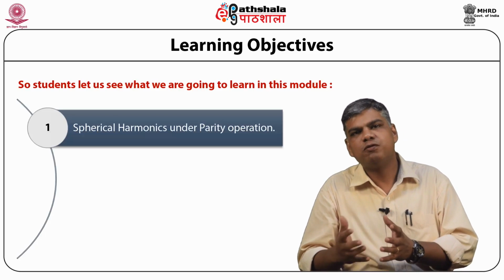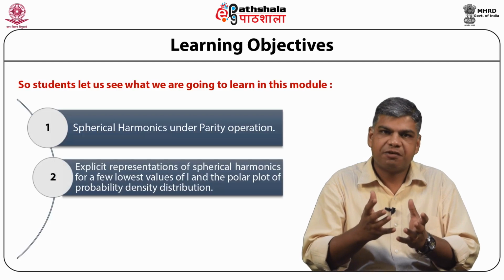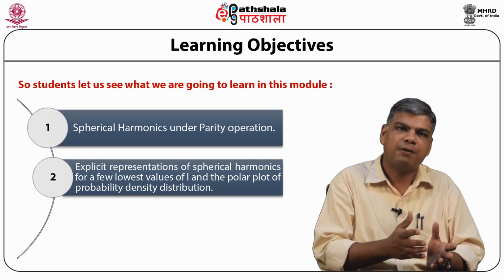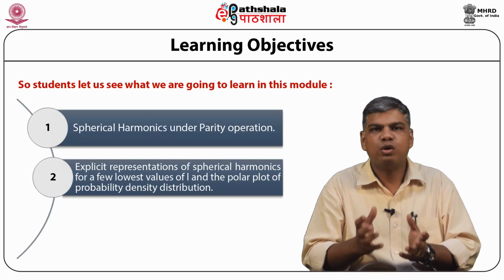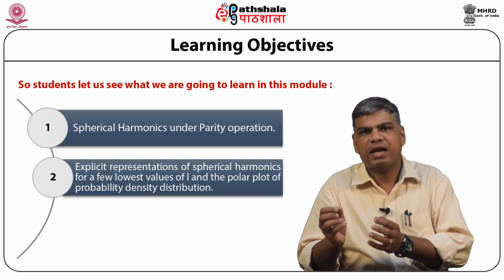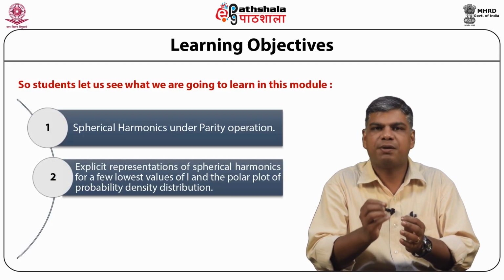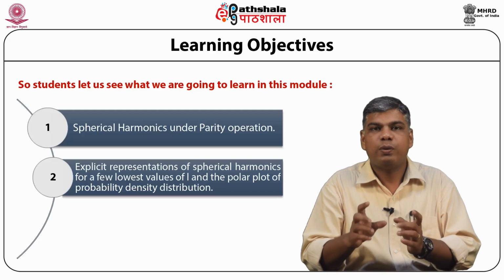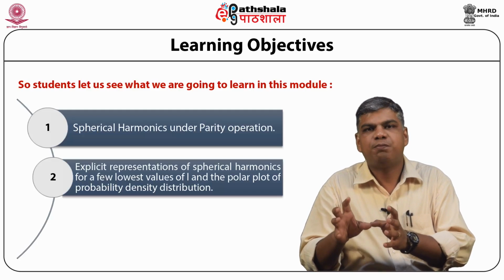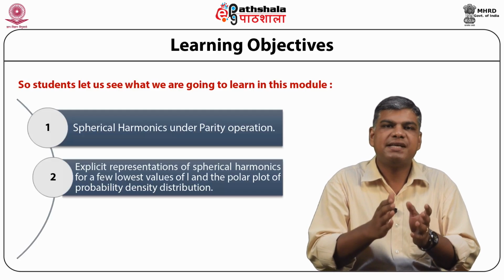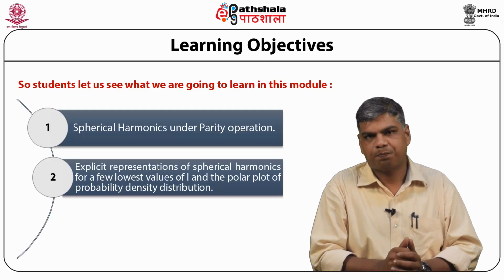Then we'll move on to the explicit representations of spherical harmonics for a few lowest values of the orbital angular momentum number L, and we'll then try and draw the polar plots of the probability density distribution.